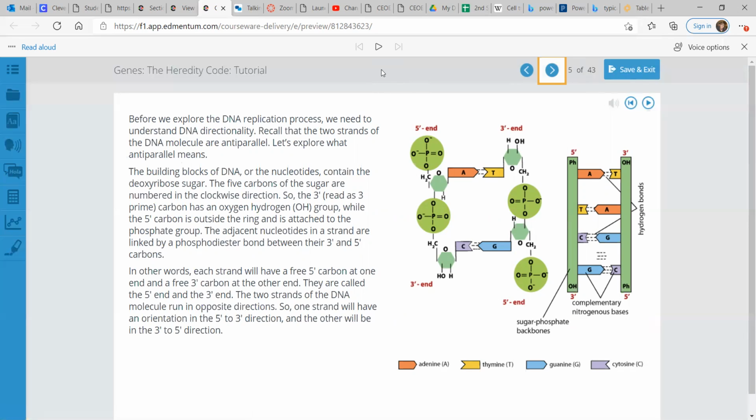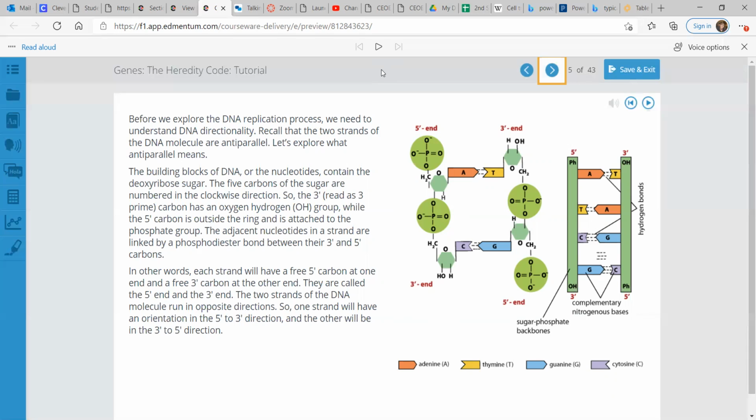The 5 carbons of the sugar are numbered in the clockwise direction. So the 3 prime carbon has an oxygen-hydrogen OH group, while the 5 prime carbon is outside the ring and is attached to the phosphate group.